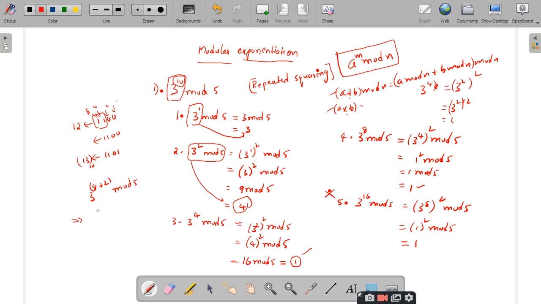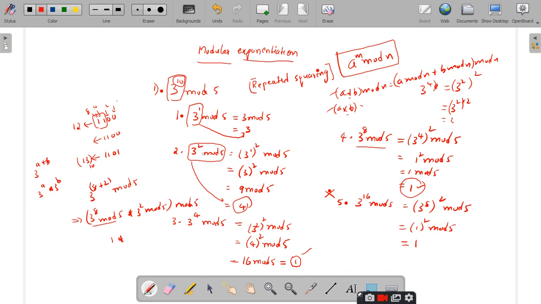What is 3 power a plus b? How can I write exponentiation? 3 power a plus b, I can write as 3 power a into 3 power b. So I write it as 3 power 8 mod 5 into 3 square mod 5. This is the third property of modular arithmetic, and mod 5. So what is 3 power 8 mod 5? 1.